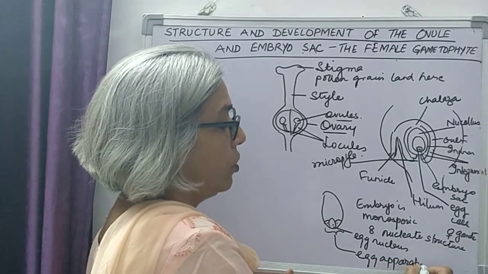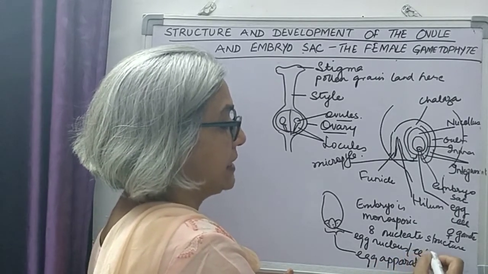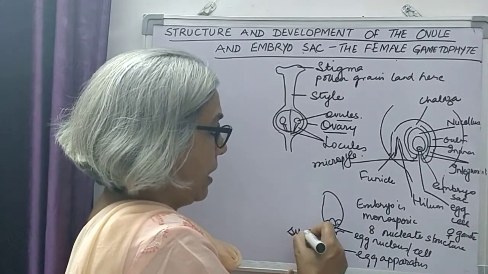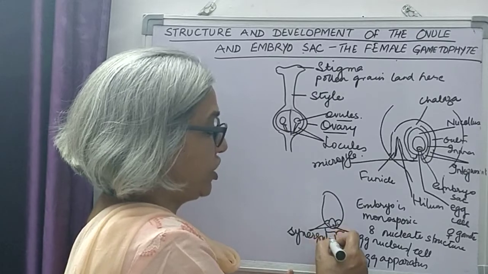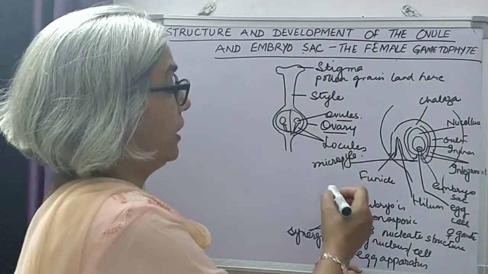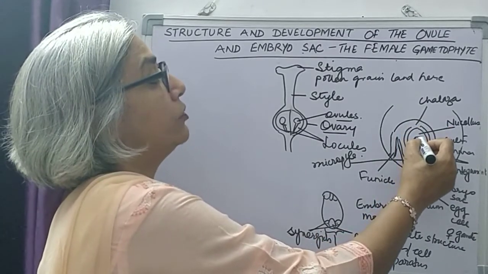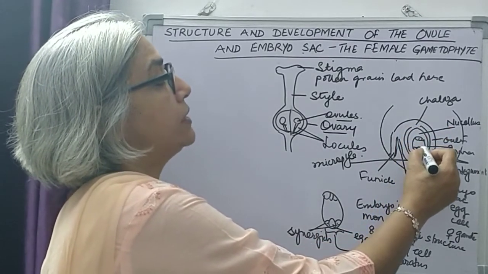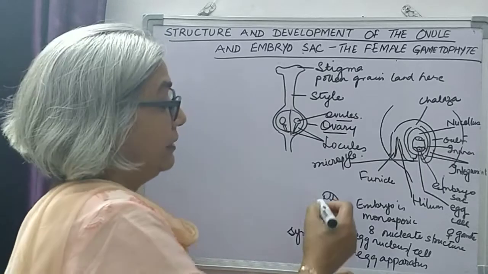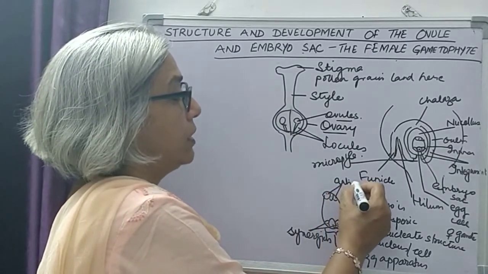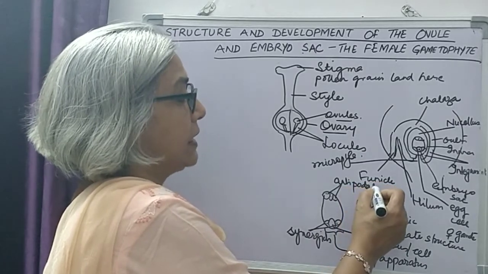Egg nucleus, or we also call it the egg cell. These two surrounding the egg cell are called synergids, and 3 cells are at the opposite end towards the chalaza. 3 cells are here, 3 cells are at the micropylar end. These 3 cells at the chalazal end are called the antipodal cells.